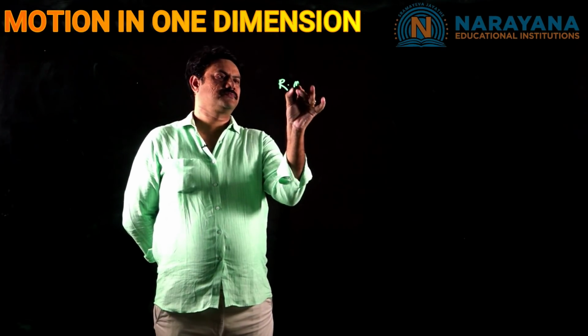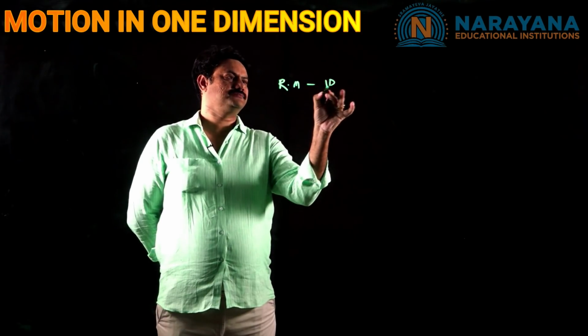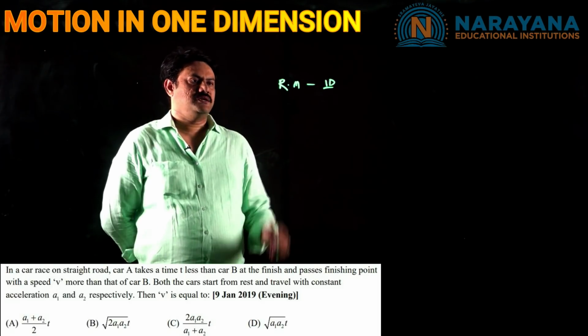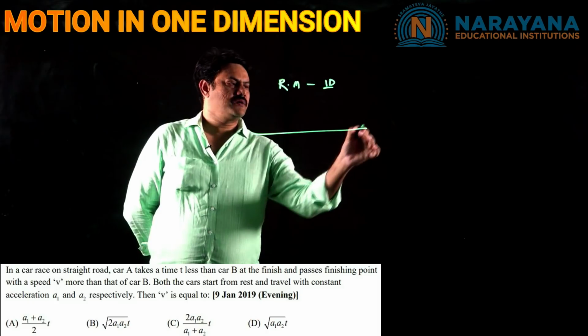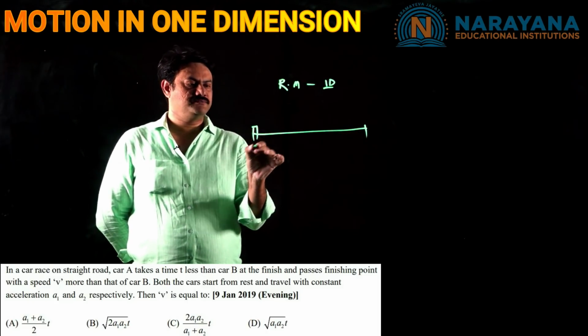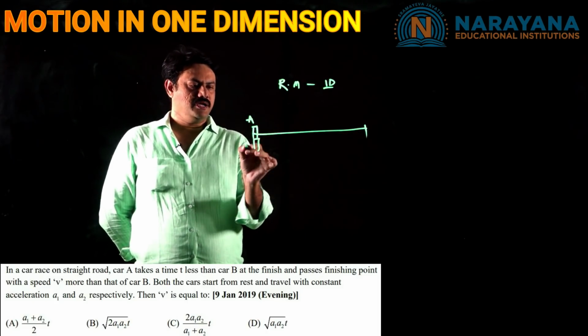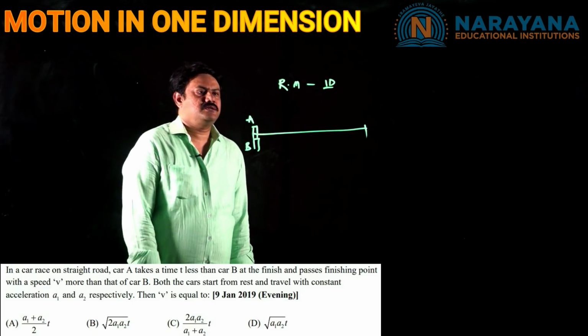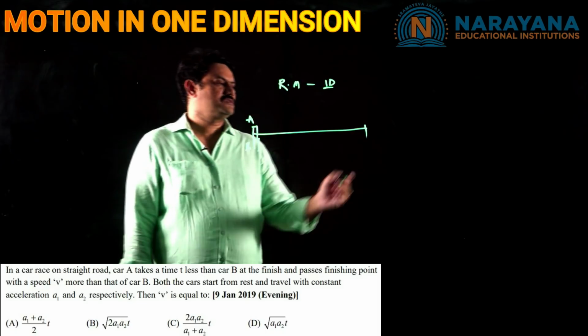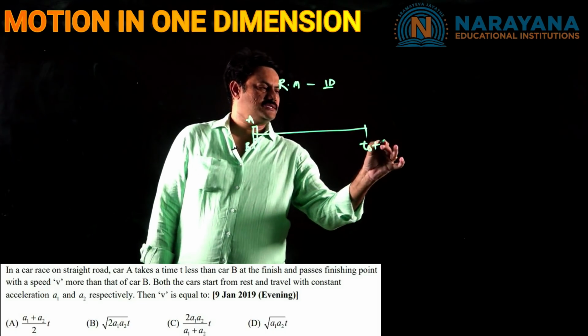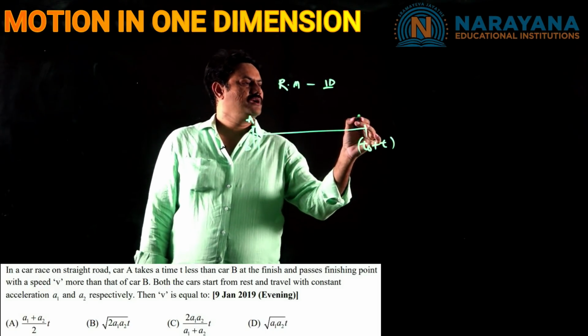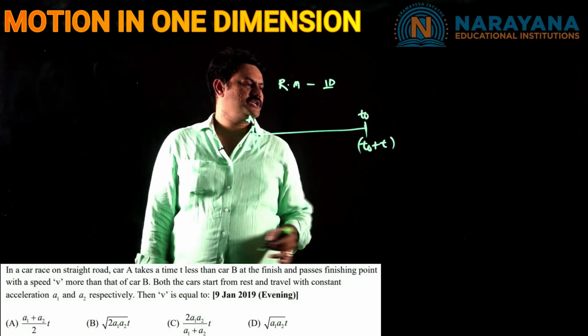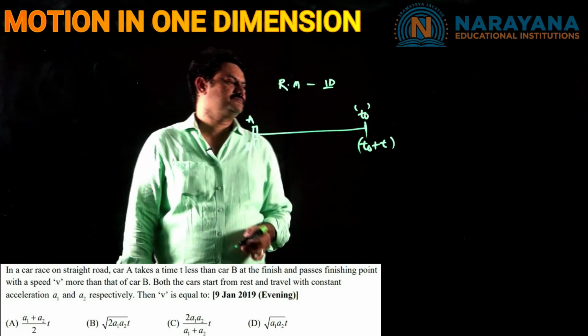Relative motion in one-dimensional motion. In a car race on a straight road, car A and car B, two cars are given. Car A takes time t less than car B. Suppose car B takes a time t0 plus t and car A to cross this position takes a time t0.